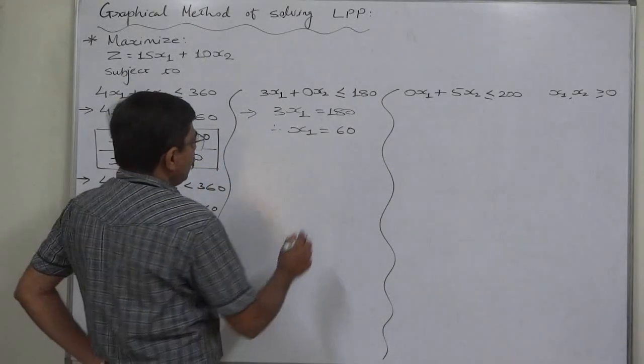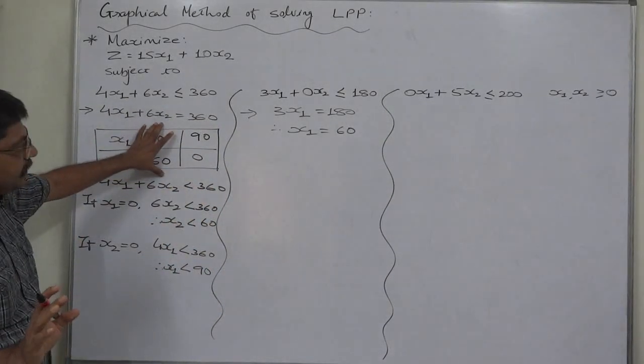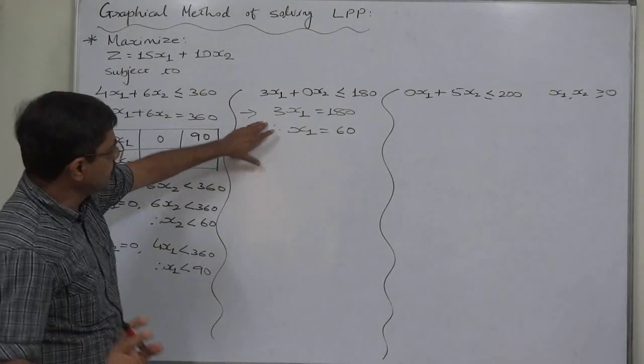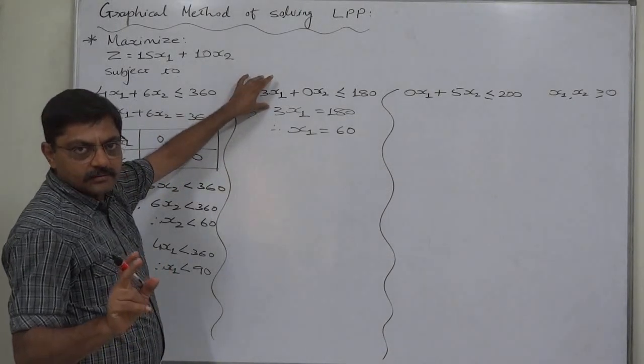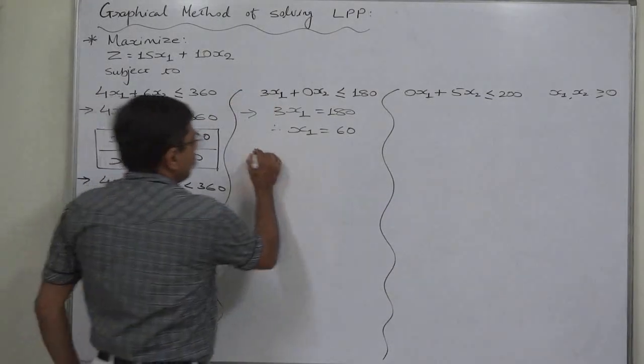Okay. Now what? It is not necessary to prepare this kind of box in case there is only one variable in the constraint, I am very sorry.